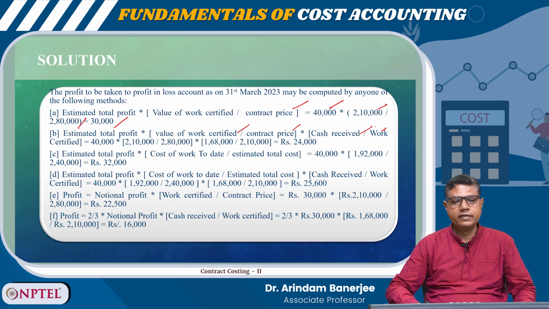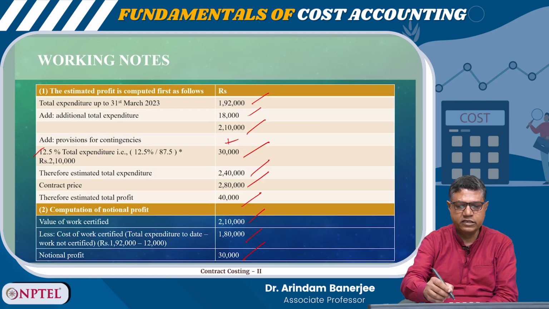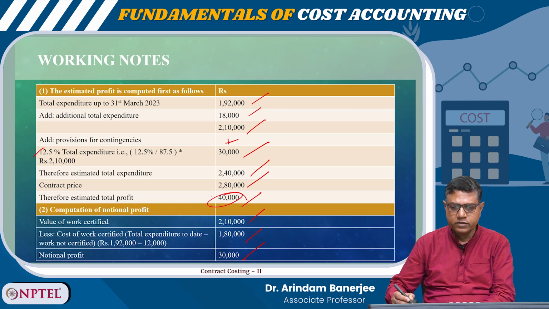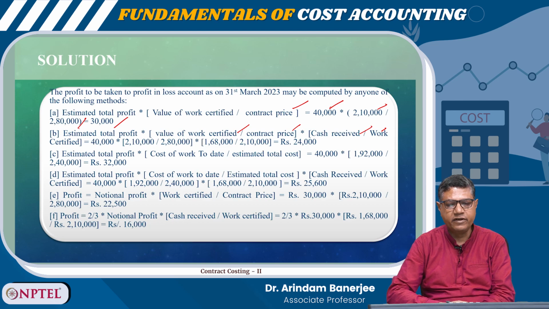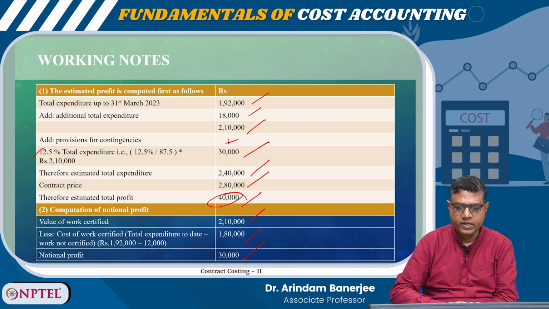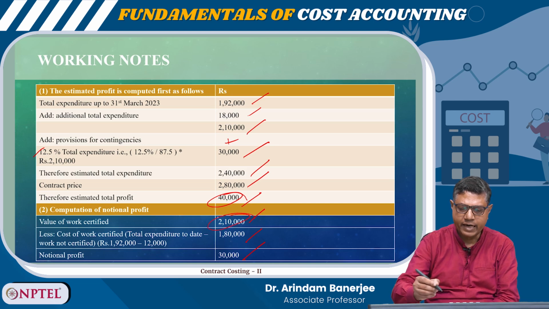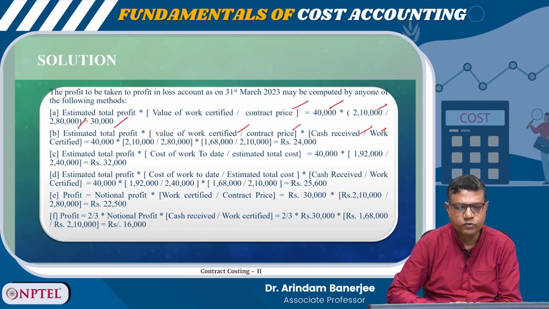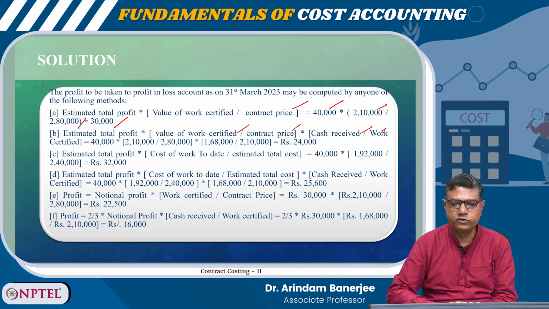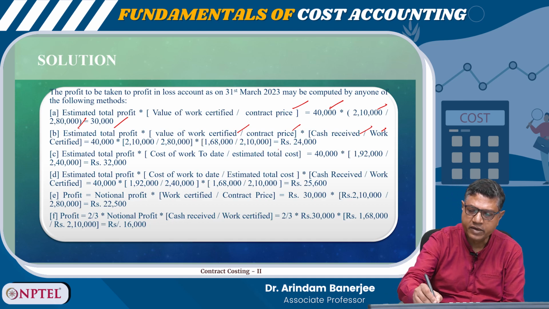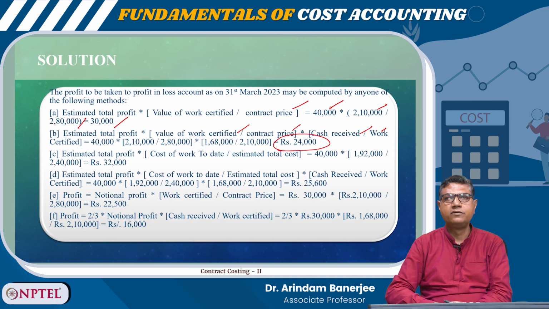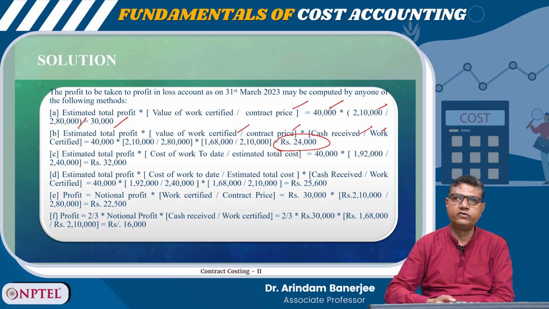We already calculated the estimated total profit, 40,000, into value of work certified 2,10,000 divided by the contract price 2,80,000, into cash received 1,68,000 divided by work certified 2,10,000. If I calculate, I will get rupees 24,000, which is to be transferred to the P&L.